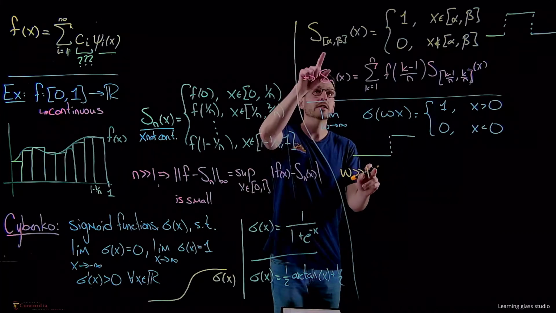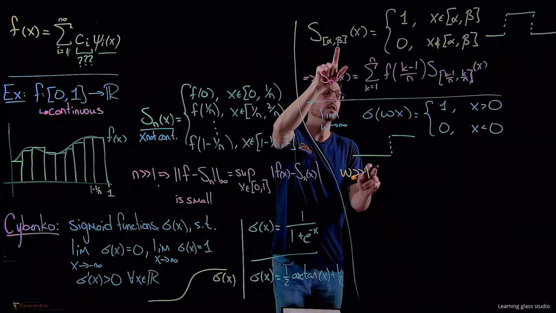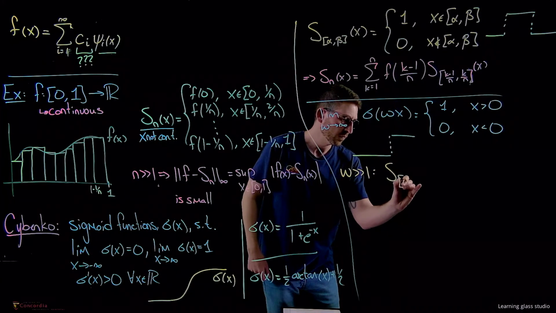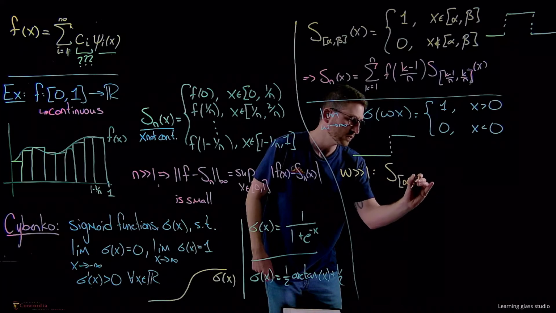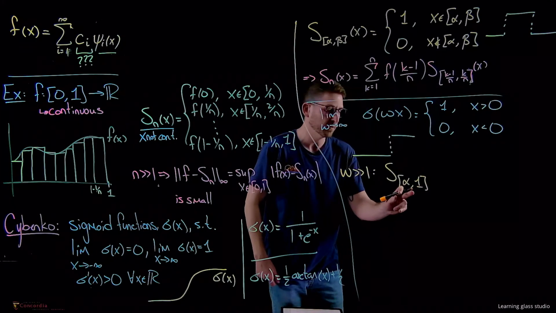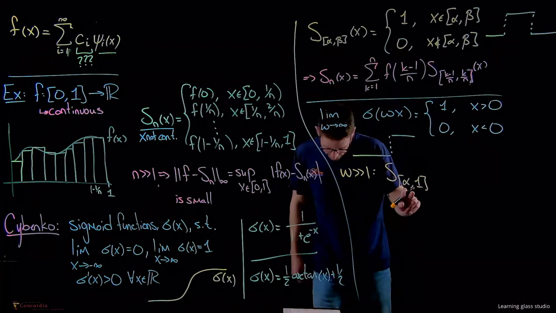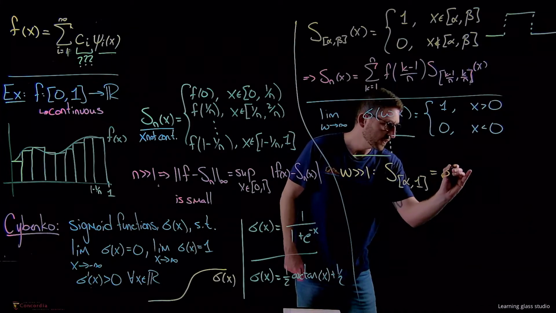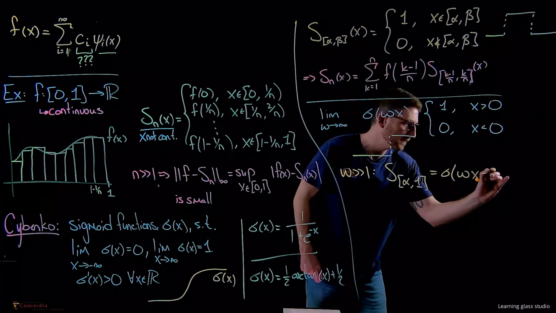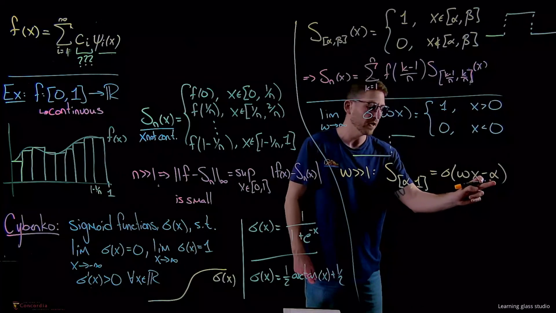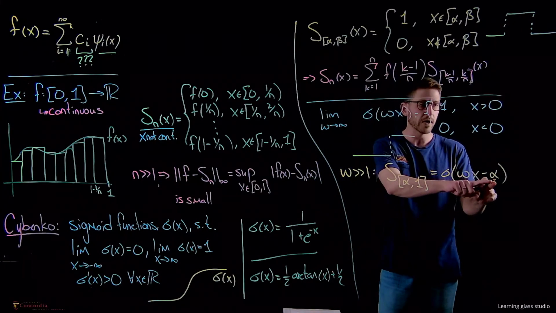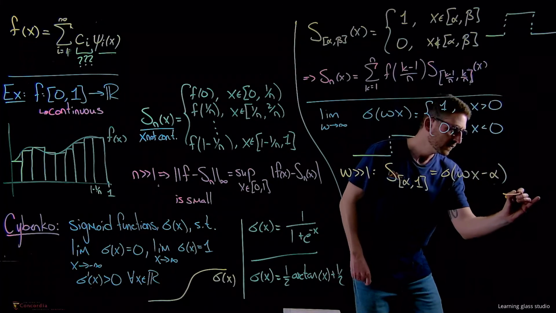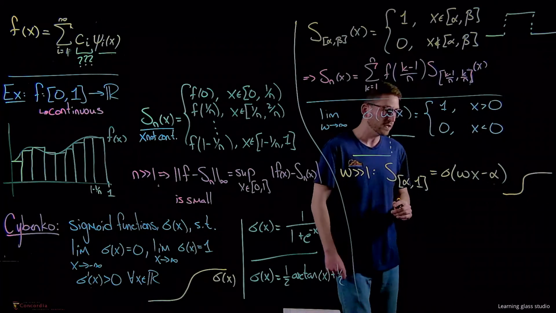Then the step up at alpha: from alpha up to, let's just say, the endpoint of the interval 1, because that's as far as we care about, I should have this approximation. I should have sigma of w(x minus alpha). I shifted the domain so that its jump now happens at alpha. W is very, very big, so it's a very steep but continuous transition now.